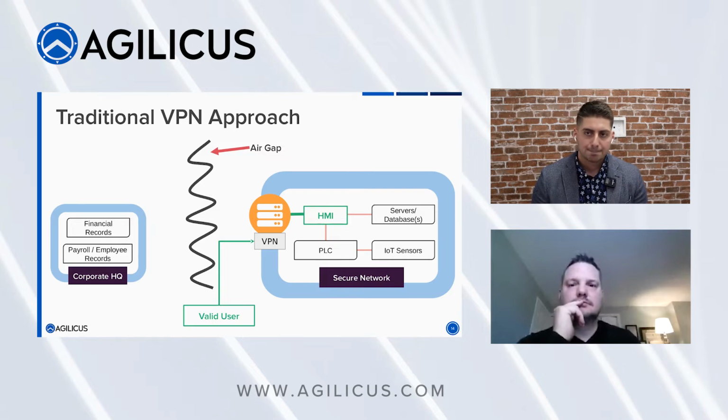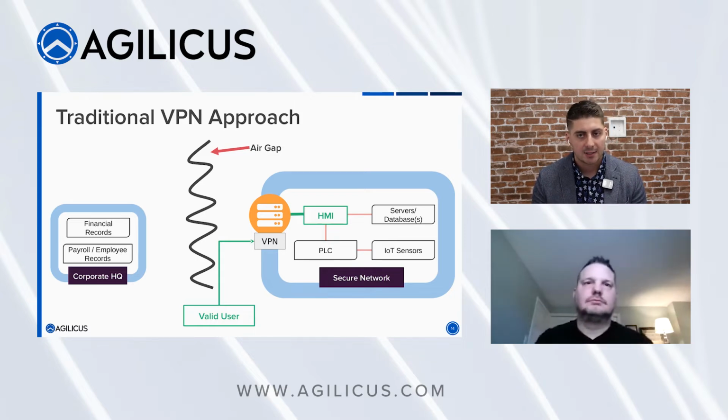But the problem with that is that there's an air gap in place, and you think, my air gap's still intact because it's separate from the corporate environment, but now you have this loose end, if you will. At this point, you're still thinking the air gap is solid, but there are other variables as well that you might not be thinking about. Let's look at these IoT sensors at the bottom right of this screen.